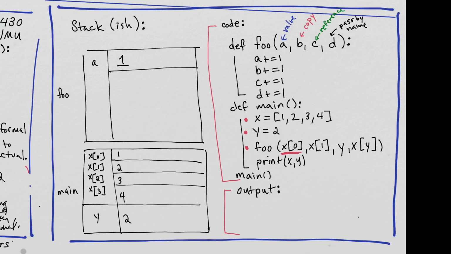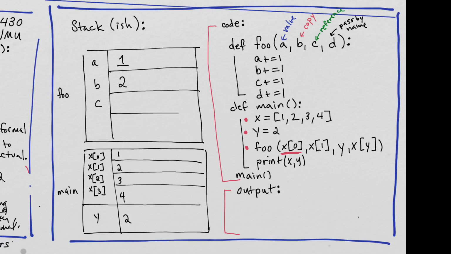So we pass by value, which means that we copy the value up while we're setting up the stack frame to call foo. The next parameter b here is passed by copy, which means that at the beginning we're going to copy the value of x1 up. And so we go ahead and copy the value of x1, which is currently 2, into b.